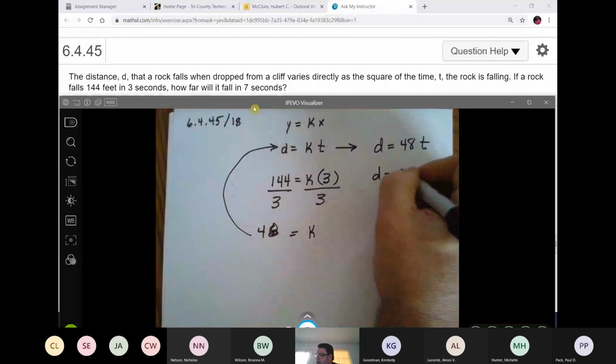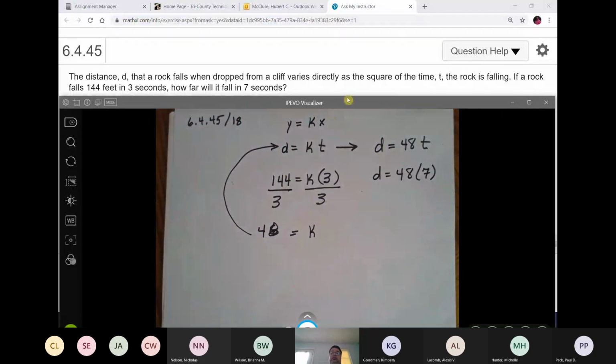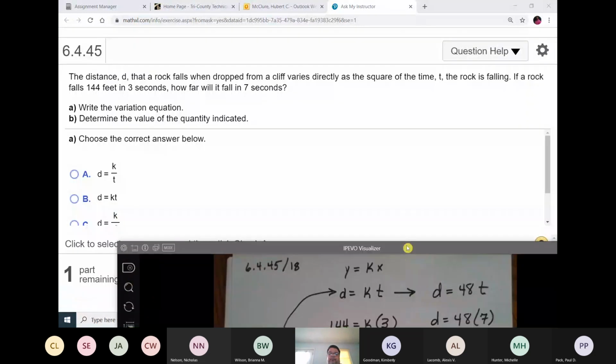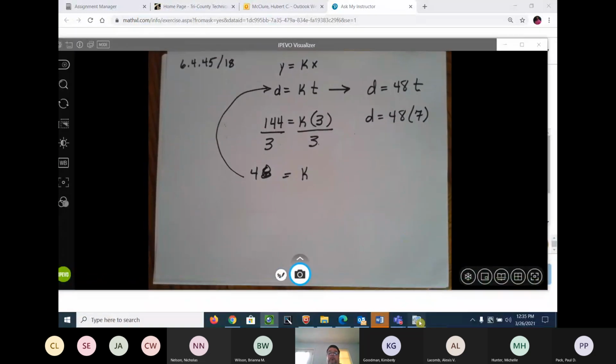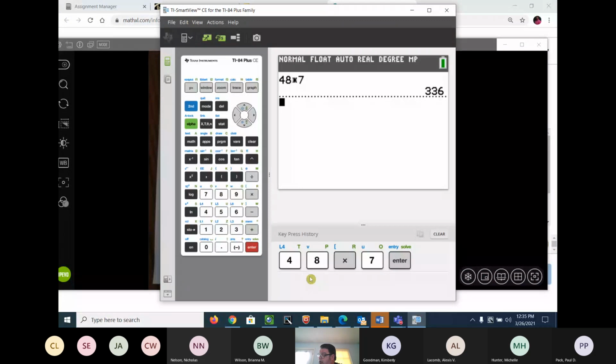D is equal to 48 times 7. And take our handy dandy calculator. 48 times 7, 336. So after 7 seconds, it will fall 336 feet.